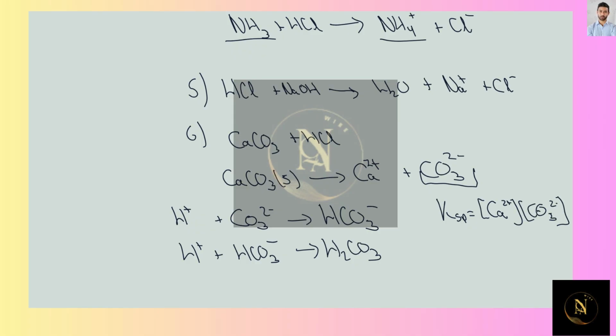If the concentration of the carbonate decreases because of the presence of an acid that allows this reaction, what needs to happen is that the concentration of calcium needs to increase in order to maintain the solubility product constant. And that would be all for this problem.